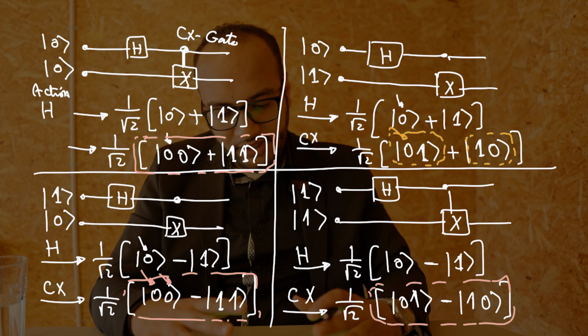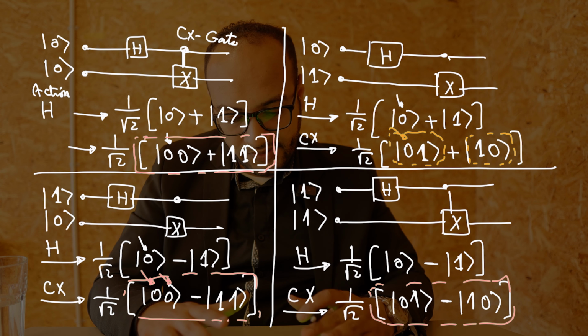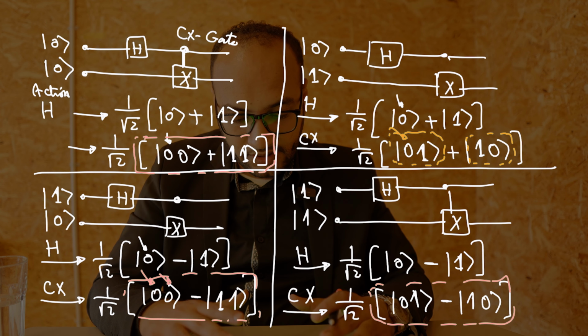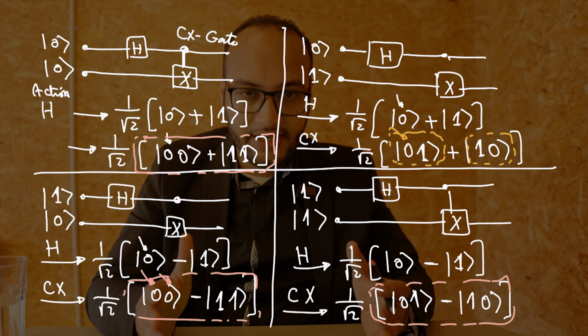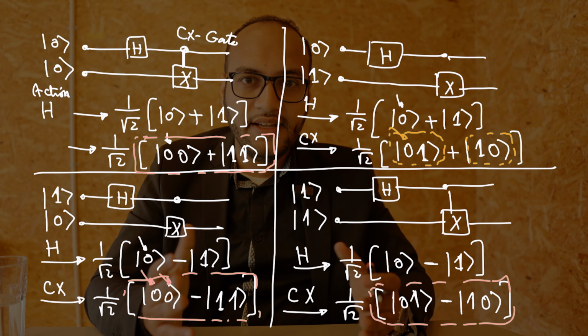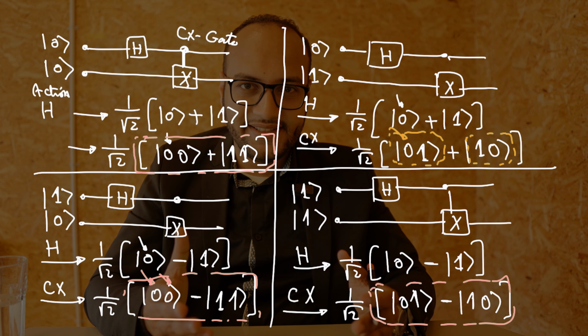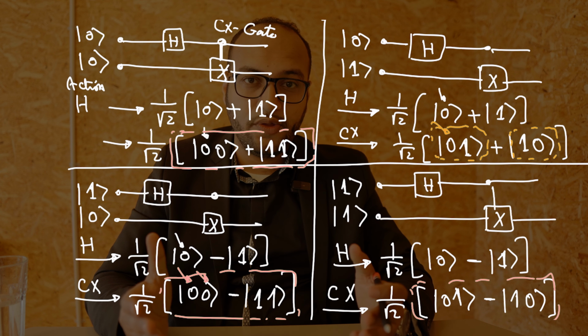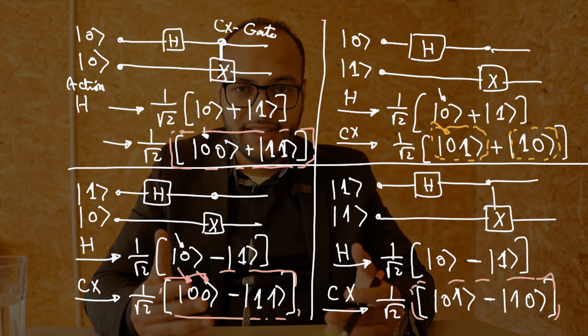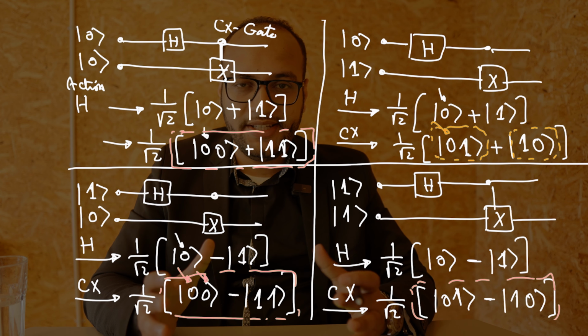So now we have a unique situation. We have 4 states, all of which are entangled. Those states are called Bell states. Bell states are orthonormal bases, so they can form a space by themselves.